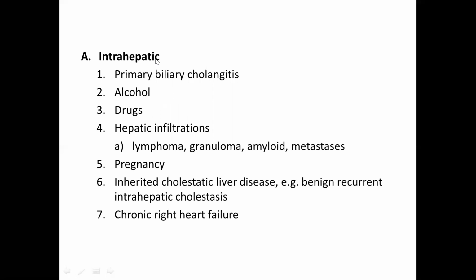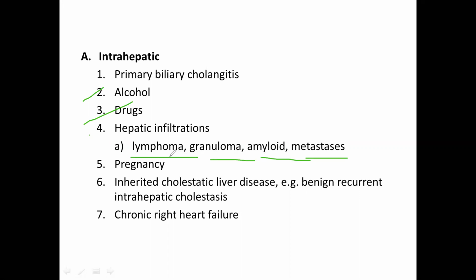The causes for intrahepatic jaundice include primary biliary cholangitis, which is an autoimmune disease, and in this condition there is slow and progressive destruction of bile ducts and liver. Second one, alcohol, that we have just seen, drugs, that we have also seen previously. Then hepatic infiltration, that may be seen in lymphoma, granuloma, amyloid, or metastasis.